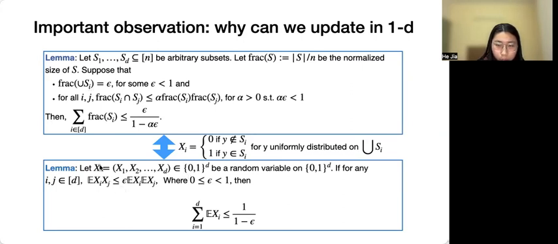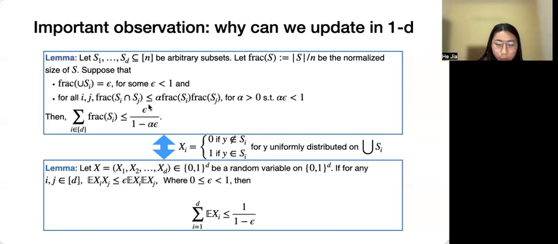So suppose X1 to Xd are random variables on {0, 1}. Then if for any pair i, j, the expectation of the product XiXj is upper bounded by epsilon times the product of the expectation of Xi and the expectation of Xj. This condition corresponds to the second condition in the first lemma.